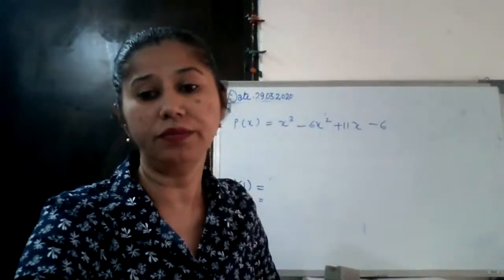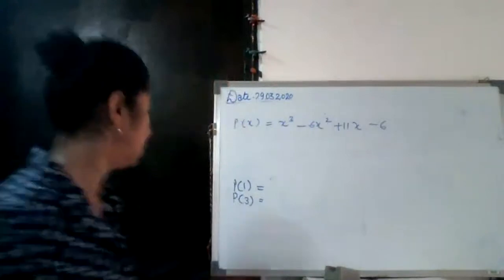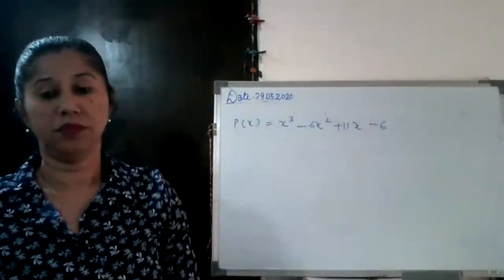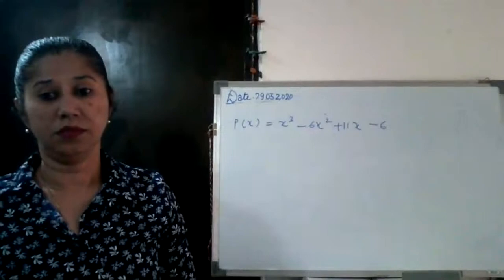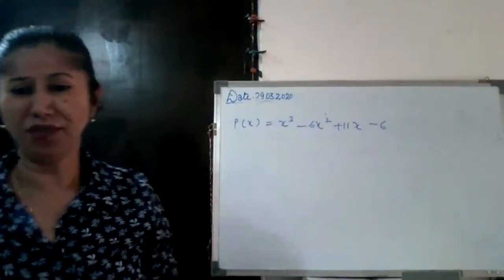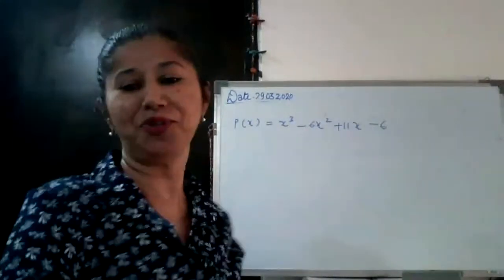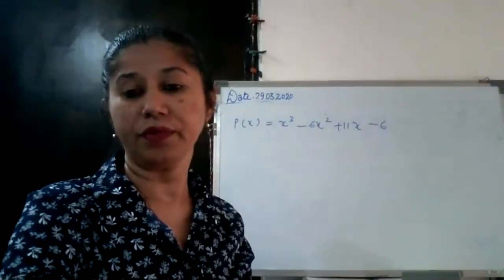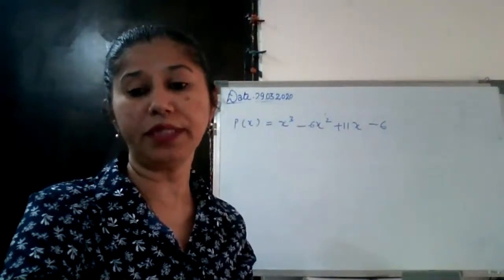P of 1 is 0. What is it? P of 1 is 0. You were going to write 0 and you wrote right. Okay. P of 3.